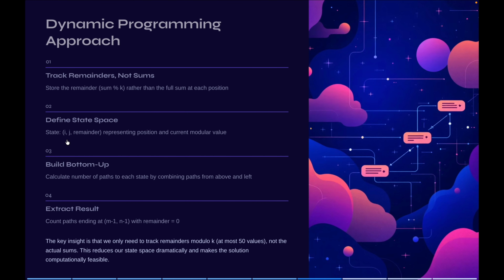So you will have the position of each cell and its current modular value. Then we will build up the number of paths for each state by combining the paths from above and the left. Then we will extract the result, meaning we have to do the path count, where the remainder will be 0.